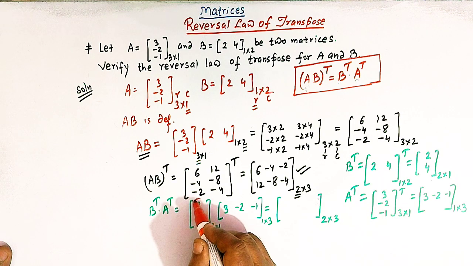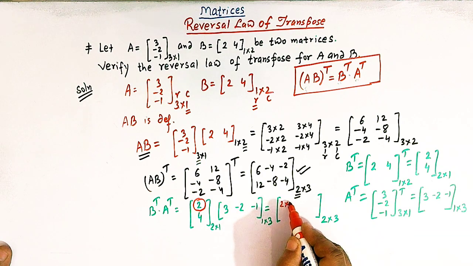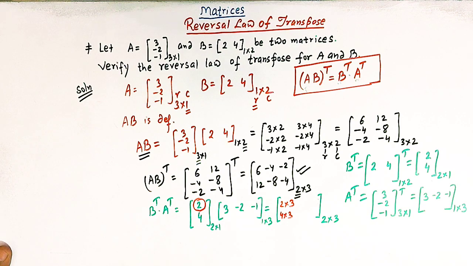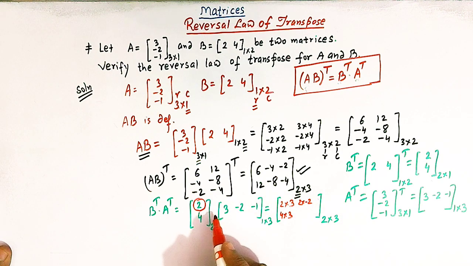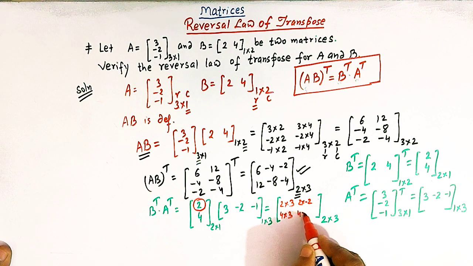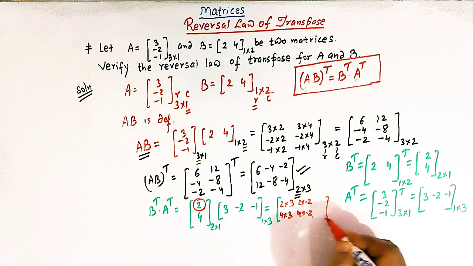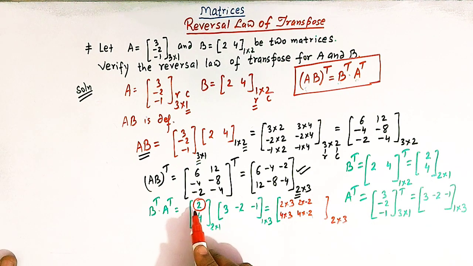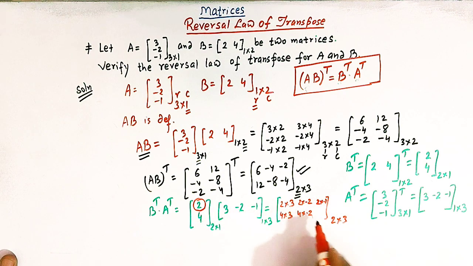So now let us multiply these two matrices. Now see, here we have 2, right? So 2 times 3, then we have 4 times 3, and then we have 2 times minus 2, then we have 4 times minus 2, and then we have 2 times minus 1, and then 4 times minus 1, right?